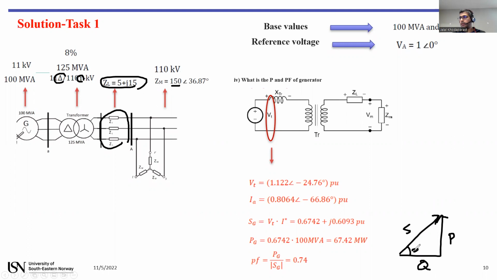And the cosine of this angle is the power factor. It will be the active power over the amplitude of S, the apparent power. Based on this formula, you can calculate the power factor.